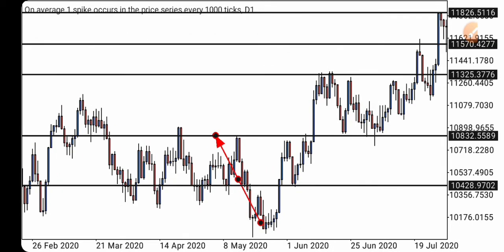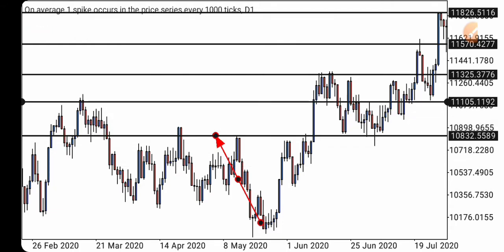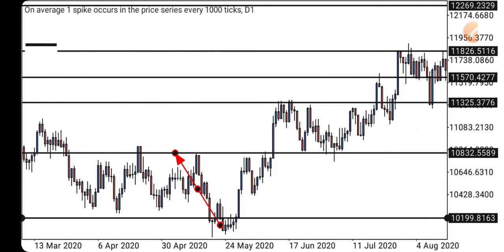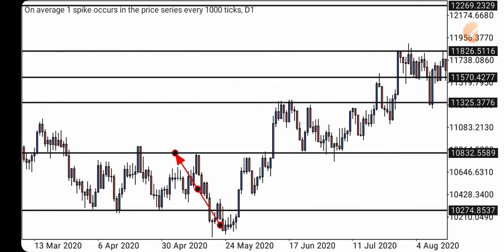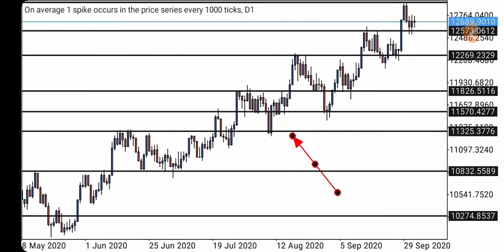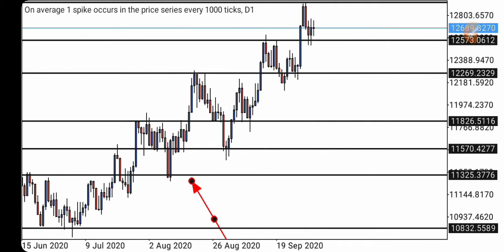If you place a zone here, you see it will not be beautiful, and we have so many zones, and it will be so hard for us to trade. It's so hard for us to see a trading opportunity. So we avoid placing plenty of zones on our charts. For you to have good results, you need to avoid having plenty of zones on your charts.